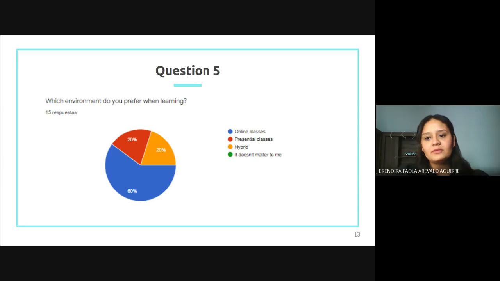However, more than 50% of the students say they would prefer online classes for many reasons, which will be shown in question 10, the reasons they chose. 20% of them opted for presential classes and 20% for hybrid, which is where both online and presential classes are implemented.